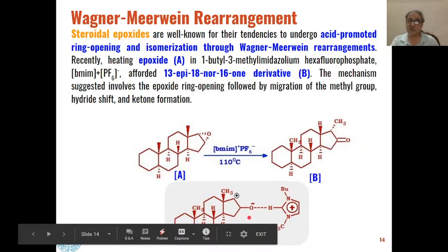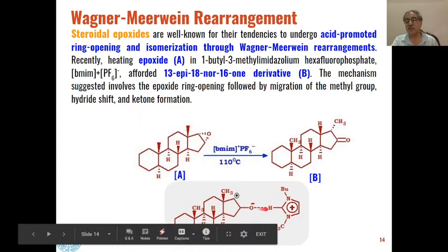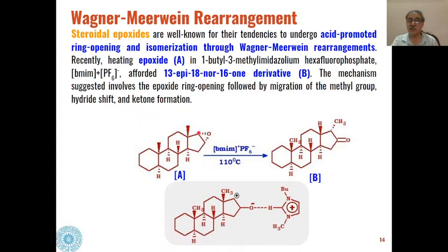And what happens is that in case of these ionic liquids, this proton which is present on the imidazole ring is a very acidic proton, and this acidic proton will attract this oxygen towards itself and form a hydrogen bond with the oxygen, and because of that a positive charge will be created at this place.